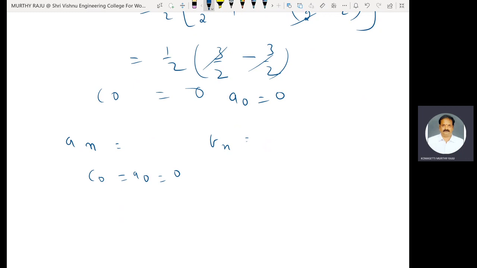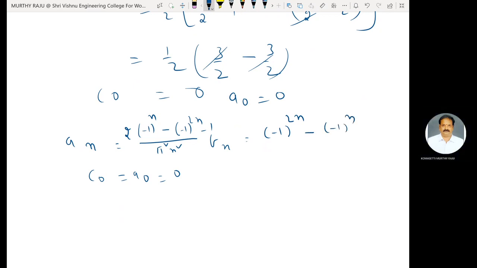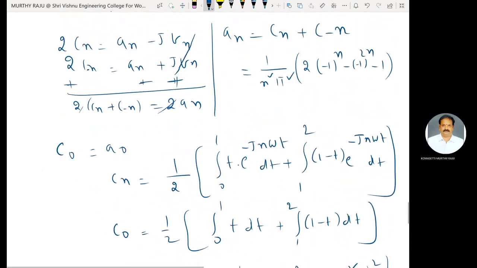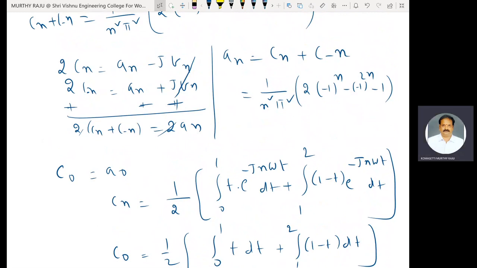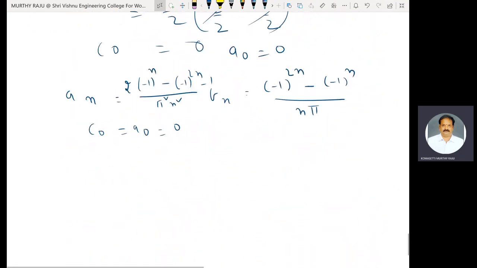The value of an is equal to 2 into minus 1 whole power n minus 1 whole power 2n minus 1 by pi square n square. bn is equal to minus 1 whole power 2n minus minus 1 whole power n by n pi. These values are determined.